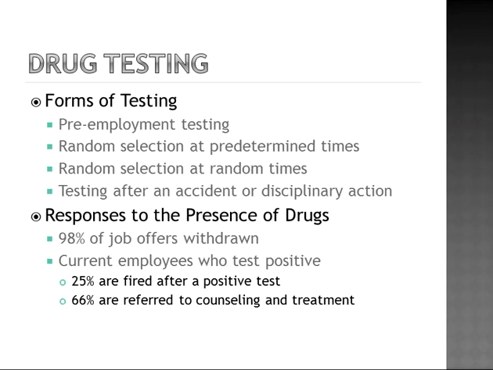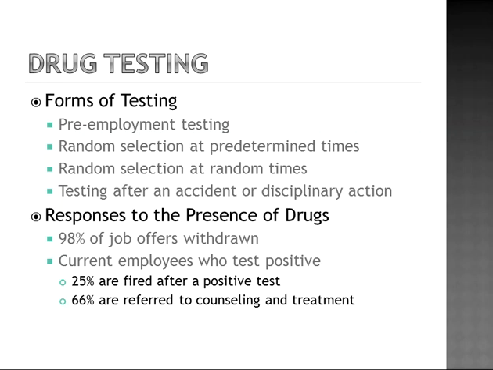Forms of testing. Pre-employment testing, random selection at predetermined times, random selection at random times, and testing after an accident or disciplinary action. So, of course, you have the process that happens before you're even offered the position.